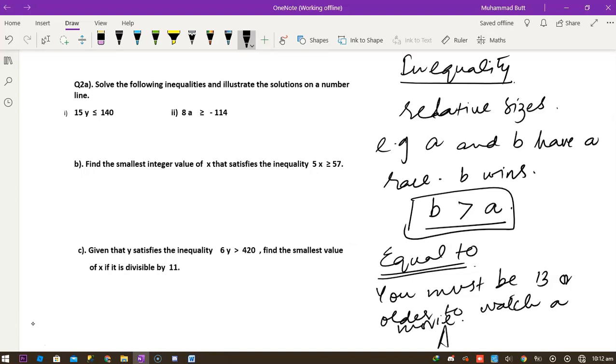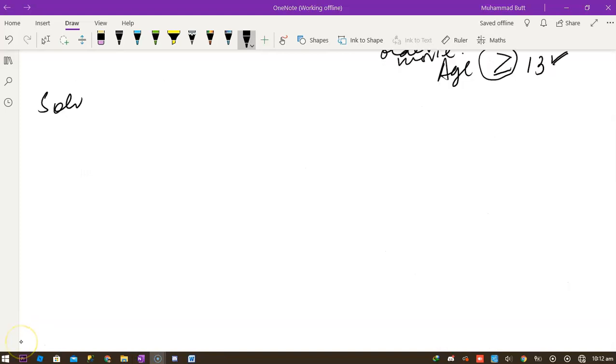So it means that your age must be greater than or equal to 13. In this inequality, greater than is combined with the sign of equal to. So we can say that inequality incorporates the sign of less than or greater than, and it also incorporates the sign of equal to. Now we'll come to the point how to solve inequalities.